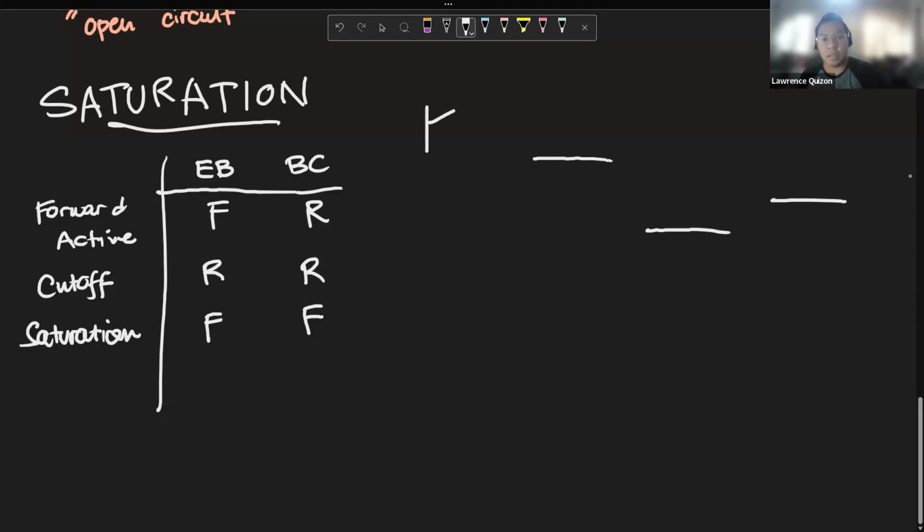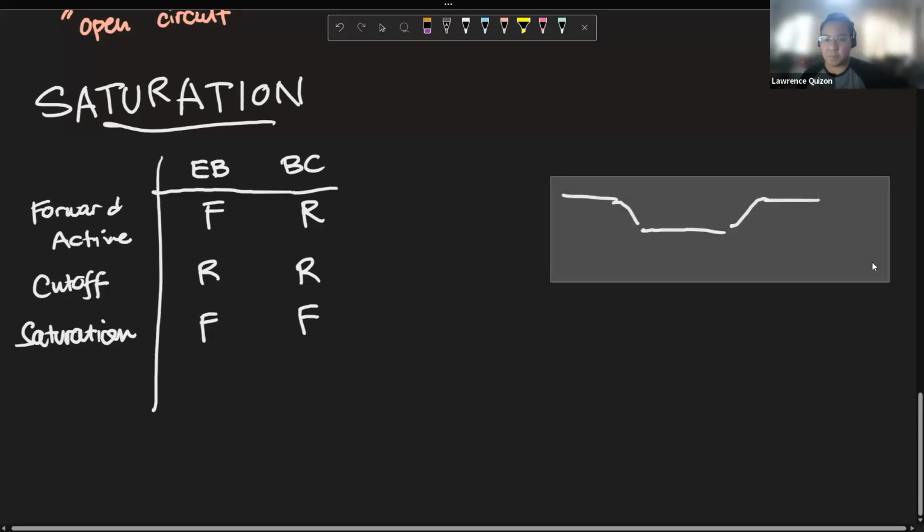Wait, let me remember. So for a PNP in saturation, this is also still 0.2 volts. So E is slightly lower than C. But actually, let's forget the 0.2 volts for the purposes of illustration.